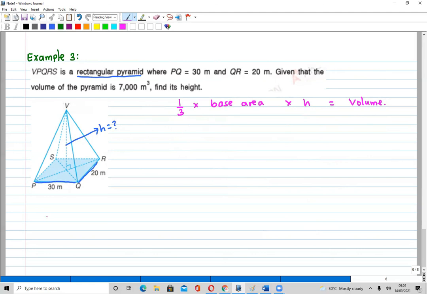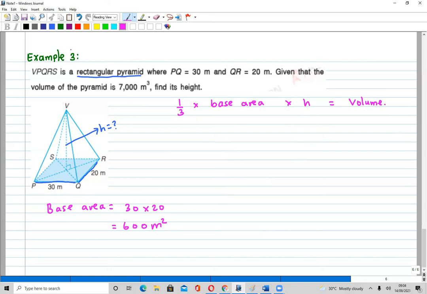We get the area of a rectangle. Area of a rectangle means length times width. So base area is 30 times 20, which means 600 meters squared. You see that?